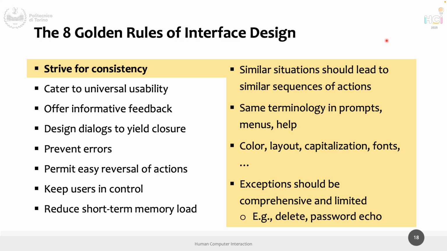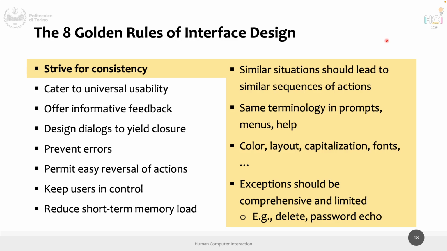Consistency also means color, layout, capitalization, fonts, etc. So if, let's say, a website has a 2 column layout, it's not that at certain points it becomes a 3 column layout. If it's 2 columns, stay 2 columns. If it's orange, stay orange. If something is called delete, it's called delete. It's not that at certain points it becomes remove. Even in a different task of the same interface, consistency.